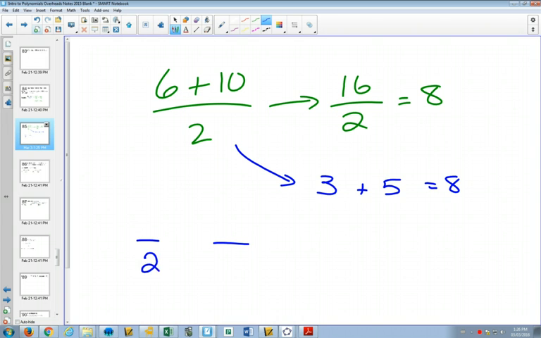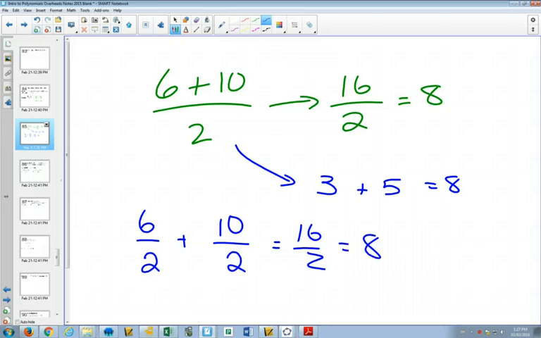So if I had a common denominator of 2, then you just add the tops, the numerator. So you would do 16 over 2, which is 8, which is the same thing we've been doing all along. Look how that works.